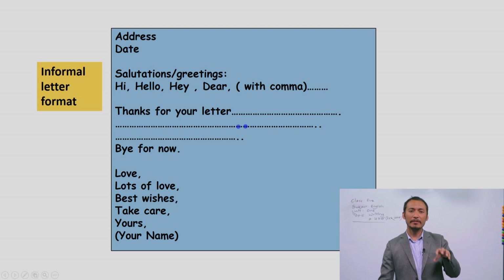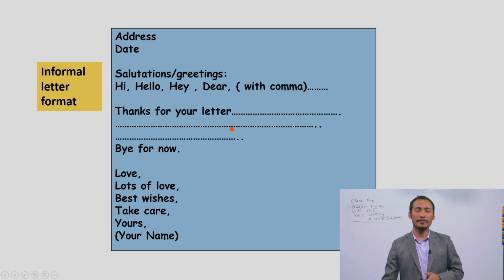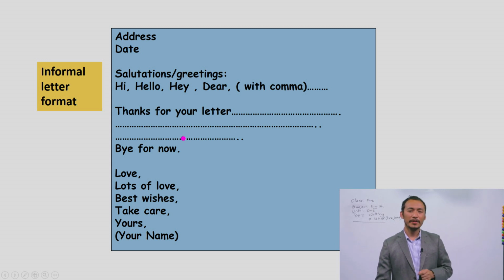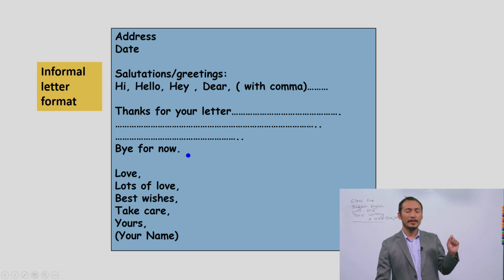And these are the informal things. You share feelings and emotions in informal letters, and in a formal letter we don't talk about this. That is the difference. And you say at the end, bye for now, I hope to see you soon, and you close the letter with words like love and your name, or lots of love, or best wishes, or take care, or yours.